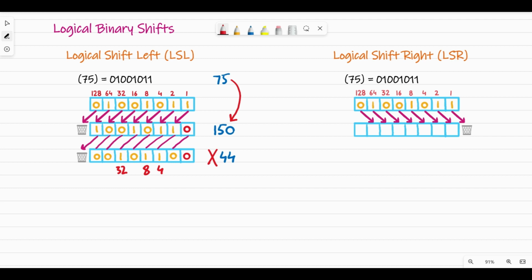What actually happened is, if you notice, we had this most significant 1 which had the value of 128, which has been lost into the trash. So we have lost our most significant 1 bit having the value 128. We are only left with 32 plus 8 plus 4. That cannot make up twice of 150, which is 300.